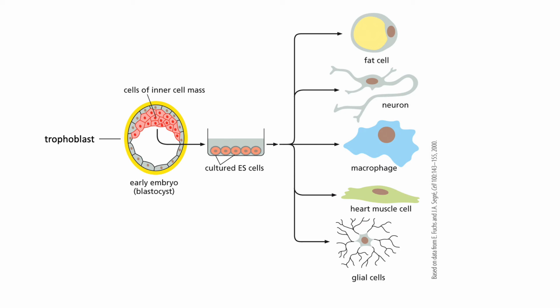There's been a lot of work with glial cells, and there's a form of blindness called macular degeneration, where some scientists and physicians have been able to recover sight by introducing embryonic stem cells into the eye.